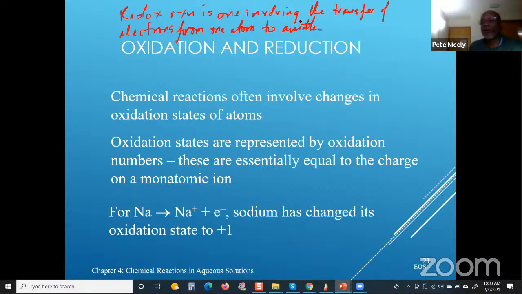So all the redox reactions that we're going to see in this section involve electrons removed from one particular atom of a compound or substance to another atom of another compound or substance.